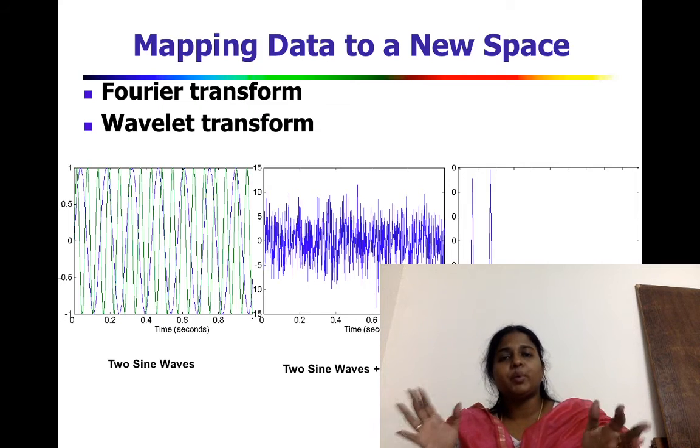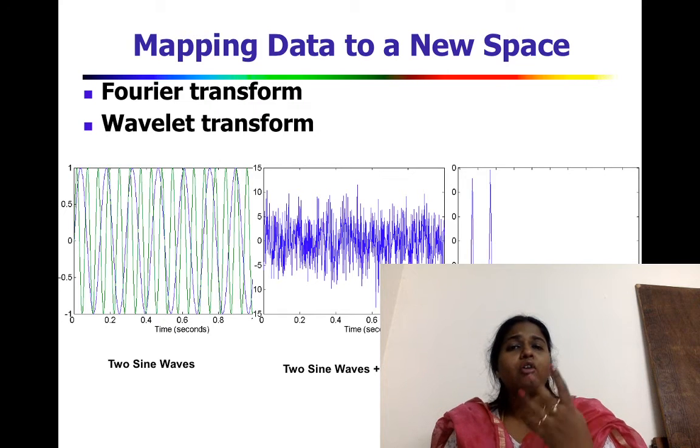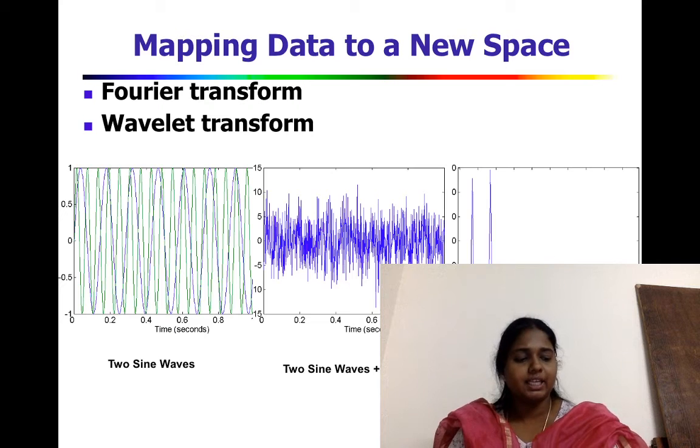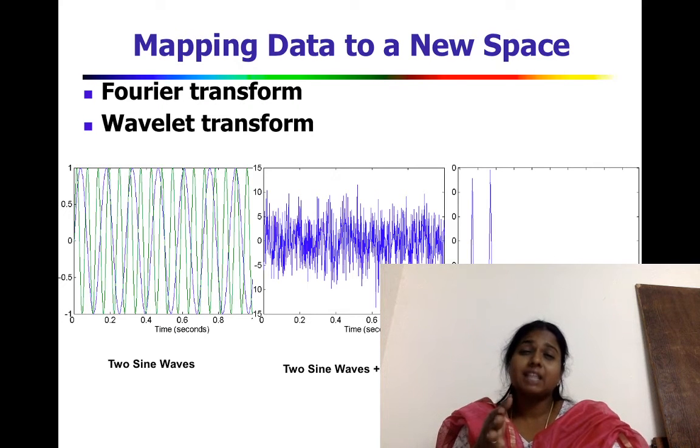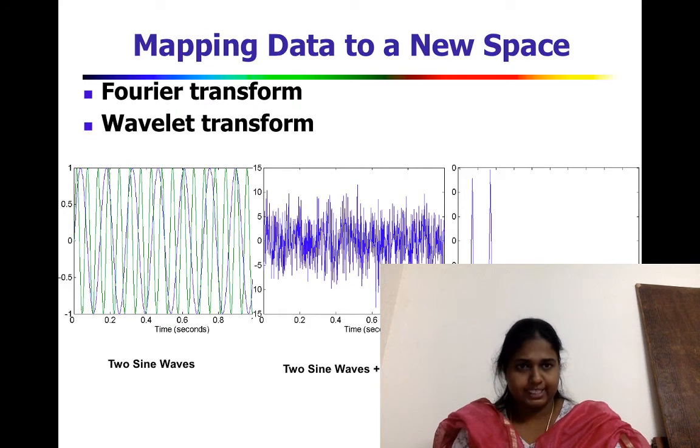I only know it's between 10 and 10:30. Do you understand? So the number of data samples required to represent anything in the time domain is high, whereas the number required for representation in the frequency domain is less. Do you understand the difference?